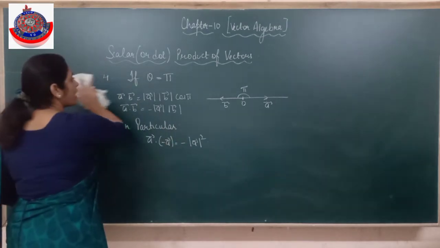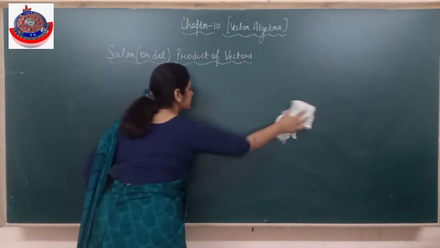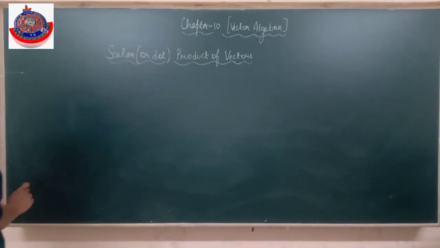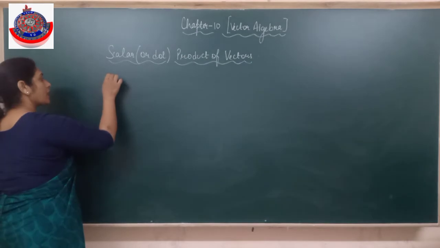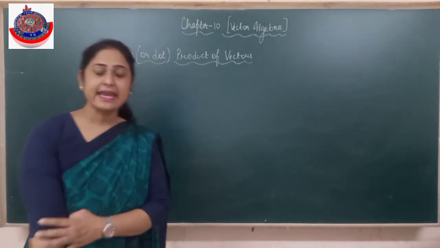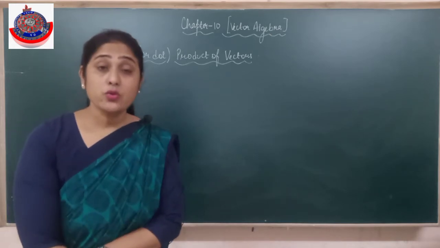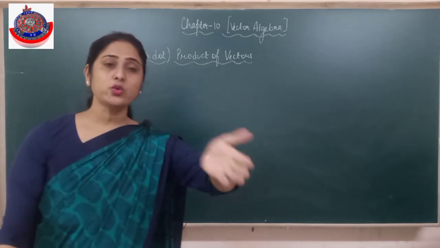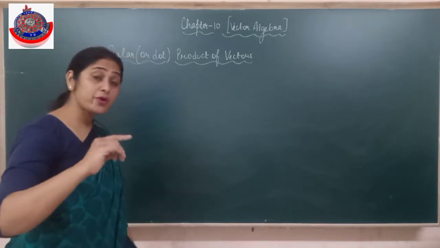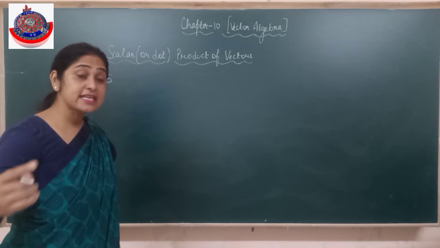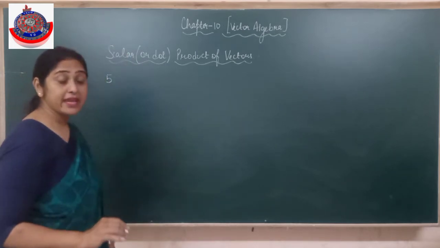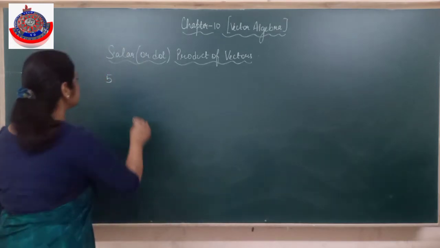Is it clear? The next is a very important concept which we use now. Now we know what are i cap, j cap, k cap. These are the unit vectors corresponding to x axis, y axis and z axis. That means these vectors are perpendicular to each other. i cap, j cap, k cap are mutually perpendicular vectors.